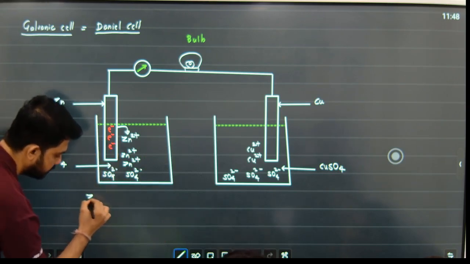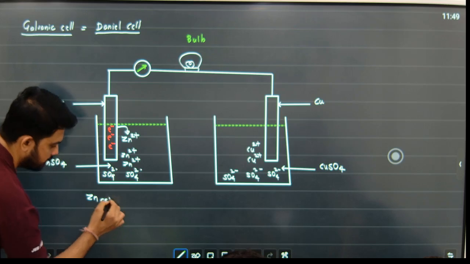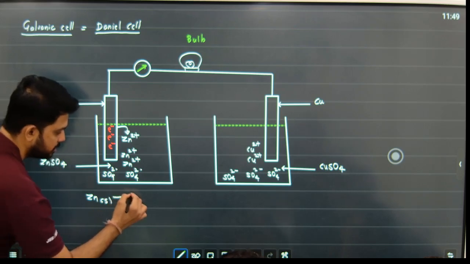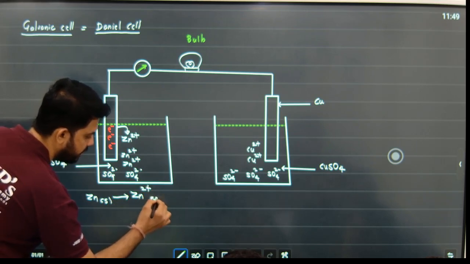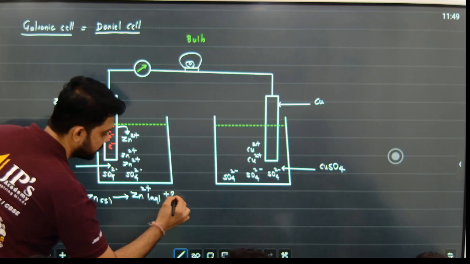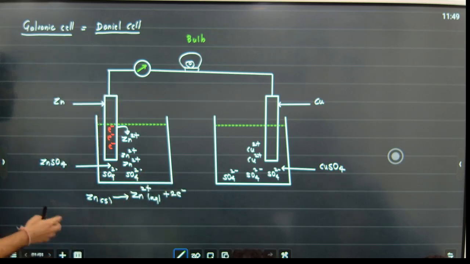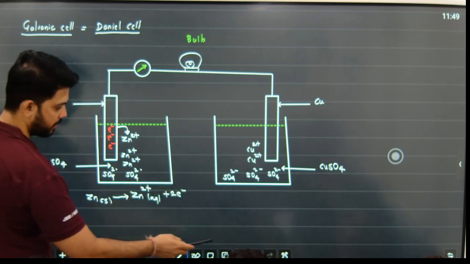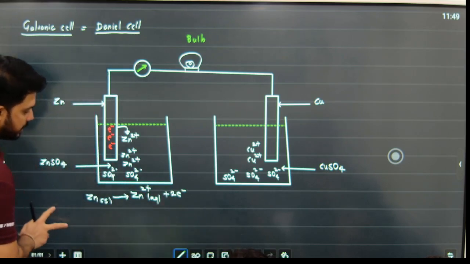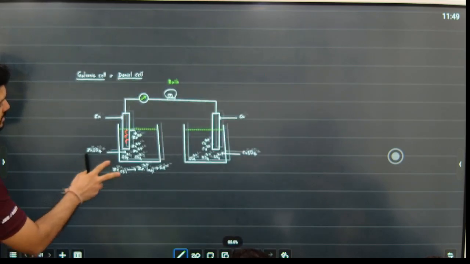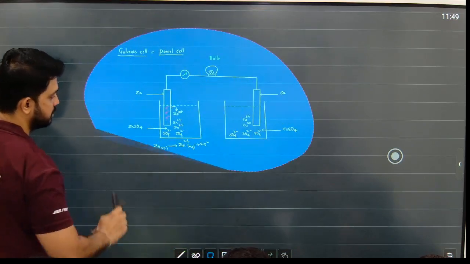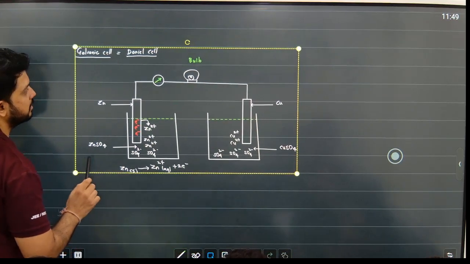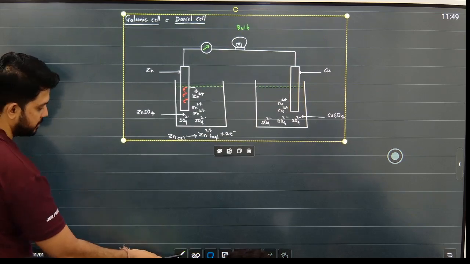Zn from the zinc rod came into the solution in the form of Zn2+, leaving behind what on the rod? Electrons. This process of losing electrons is known as dash. Excellent. Oxidation.